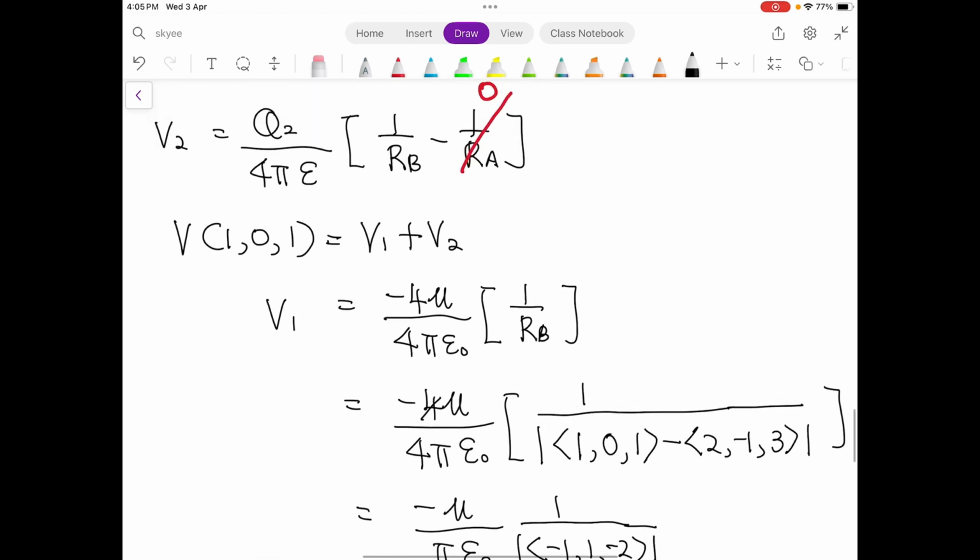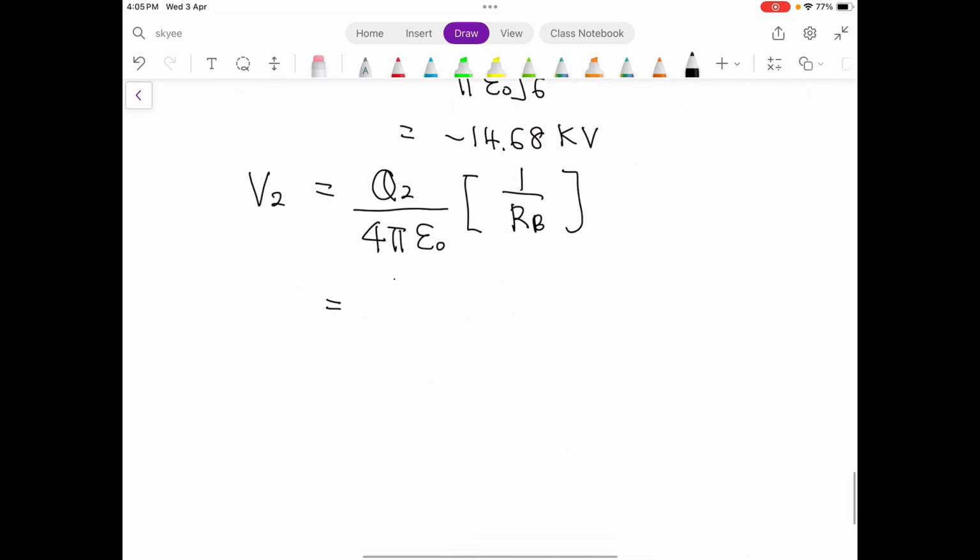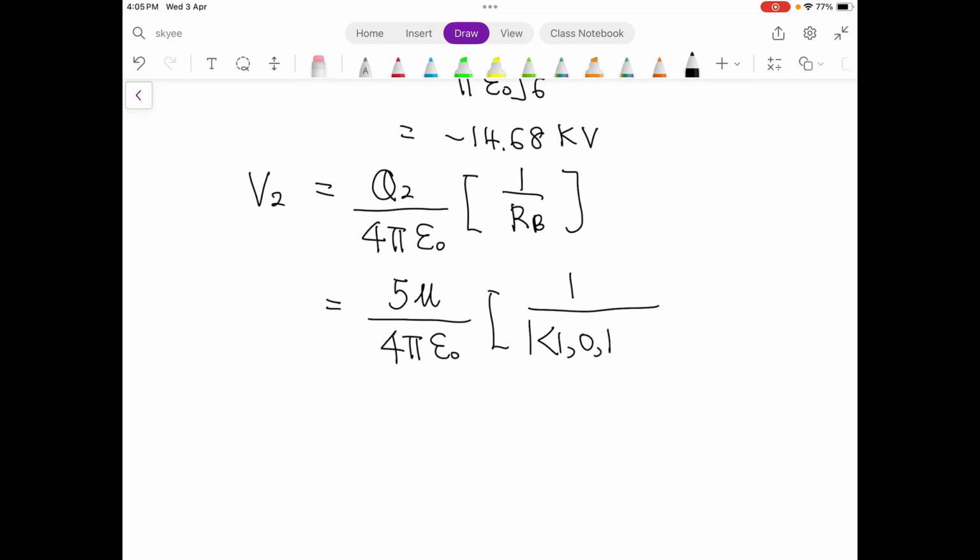Q2 in this case is equal to 5 micro. The observation point is 1, 0, 1 minus 0, 4, negative 2.